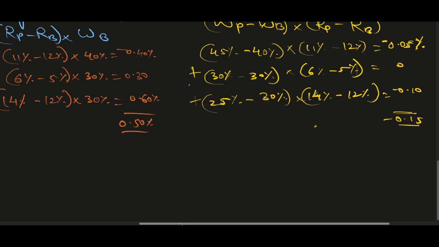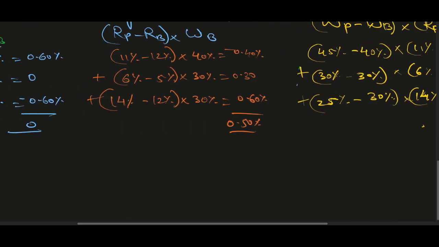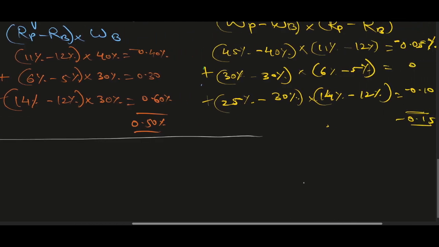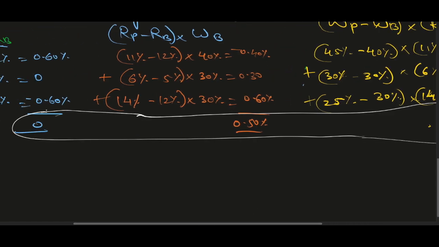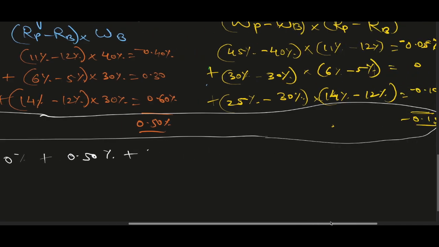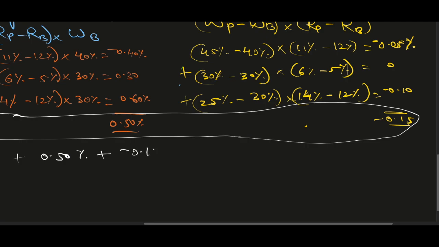So now if I add all this, that means 0%, 0.5%, and minus 0.15%. So 0% plus 0.50% plus minus 0.15%. This is percentage.